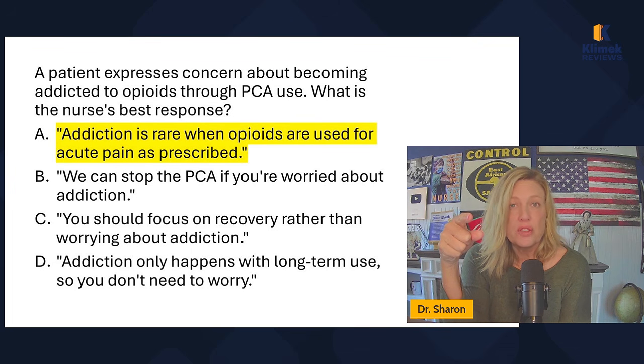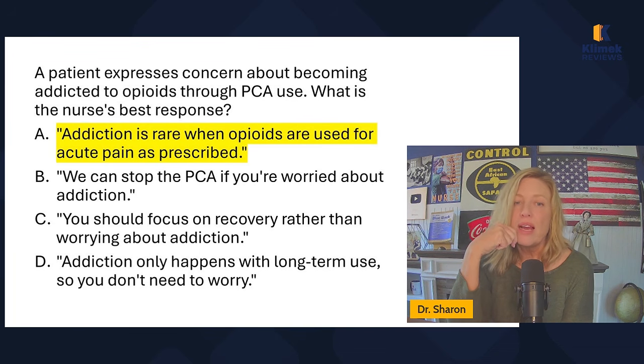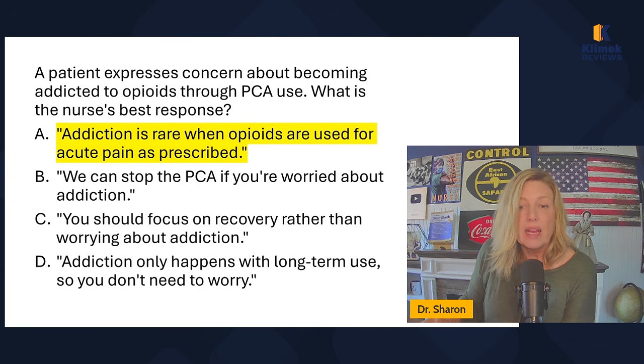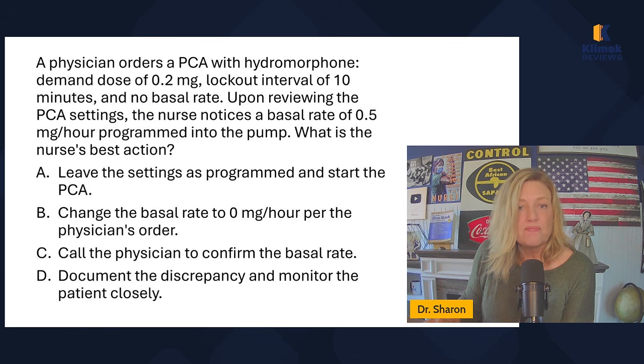Because they may have a history of family drug abuse, and maybe it's best to not use a PCA. So on a test, A is the best answer because it's a true statement. In real life, I would say, tell me more about why you're saying that. And if it bothers you that much, let's talk with the doctor about a different option for you. Because I would not want the nurse to ignore that if I was concerned about that, because that's a very serious problem. And I know people who have addiction problems, and I wouldn't want them to ignore that.